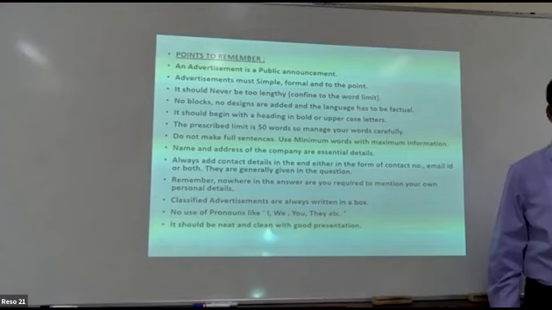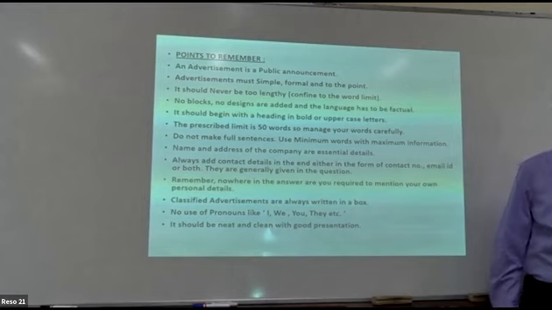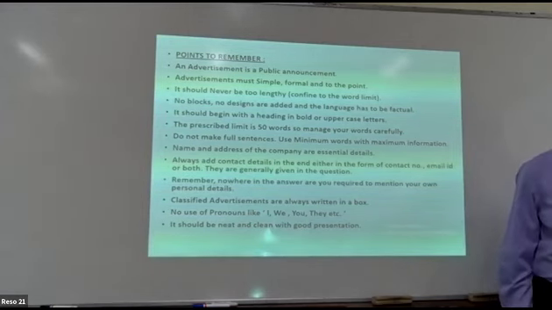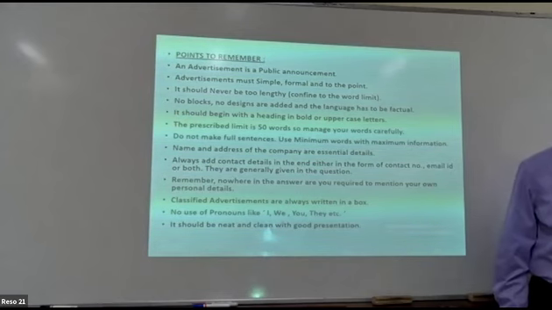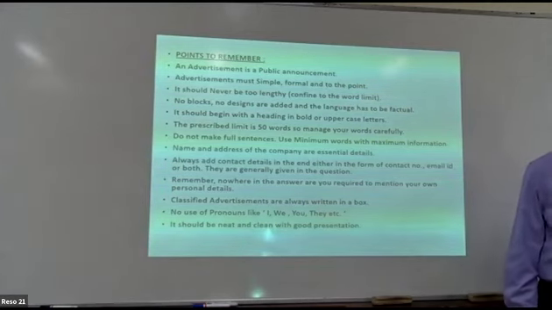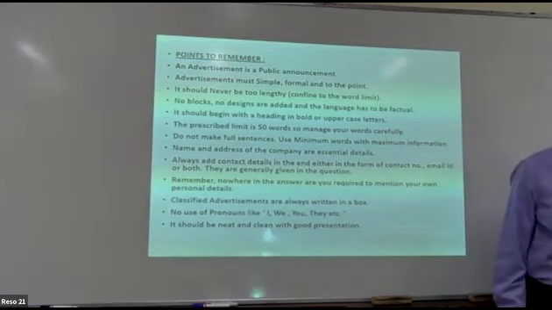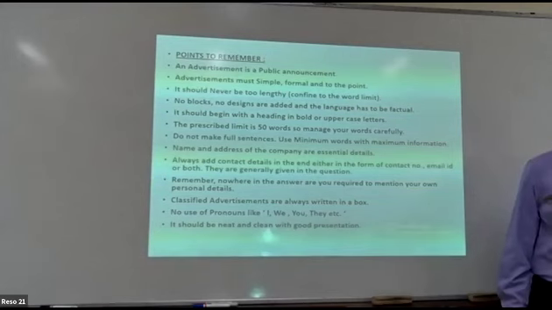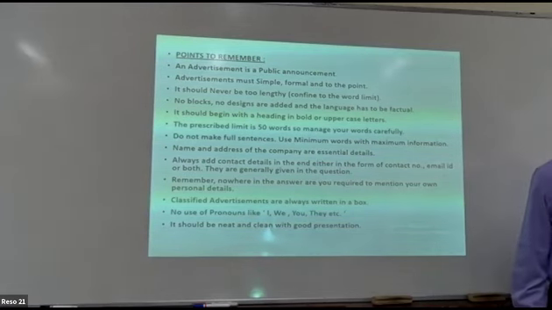No complete sentences. Required female secretary with good personality. Short and sweet. Meaning should be understandable. So no complete sentences. Because in exam point of view, you will exceed the word limit, no doubt. And plus in the practical world, you have to pay for each and every word. हर एक शब्द का पैसा लगता है where classified advertisement is concerned. So why pay unnecessary money for the words which you could have saved?